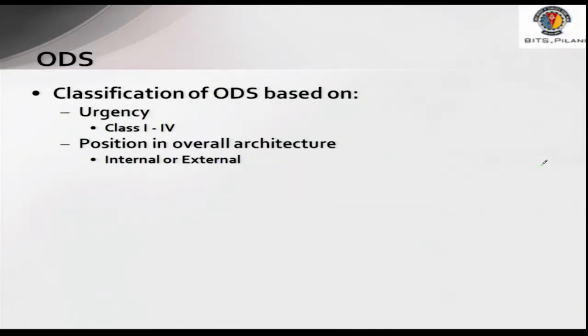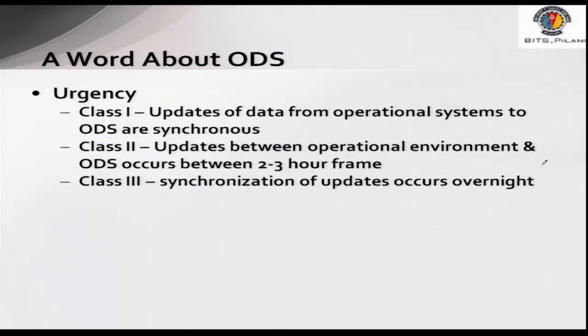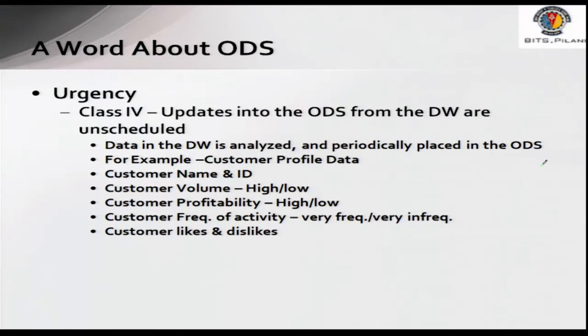And this I've already told you, the classification in terms of urgency. So this also I've covered. This is some more detail I've put here. I just wanted to talk a little bit more about class 4 and updates into the ODS from the data warehouse. This is different in many respects because it draws data from the data warehouse.